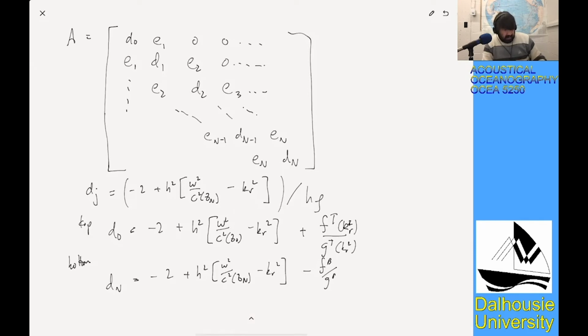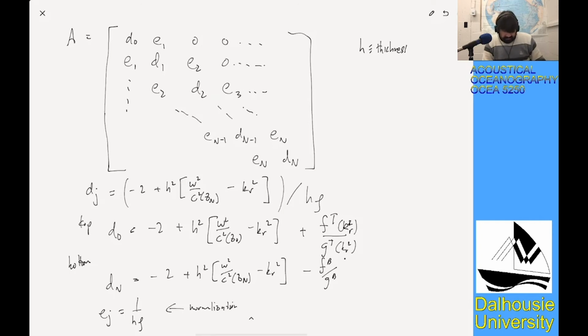And then e_j everywhere is 1 over h rho. Okay, so that's what our matrix looks like. This is like a normalization factor here, and you can tell that importantly it contains the thickness of the layer. I don't know if I ever defined that at the beginning. I don't think I did.